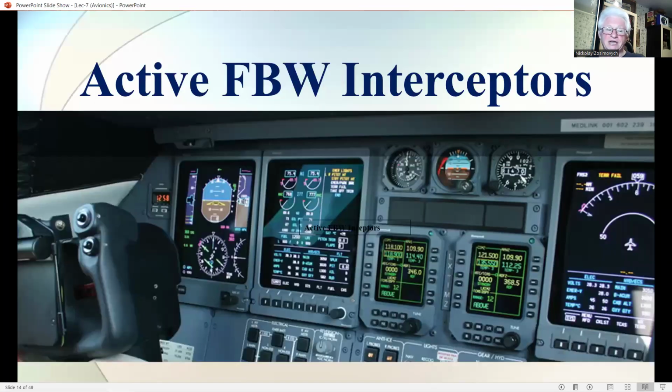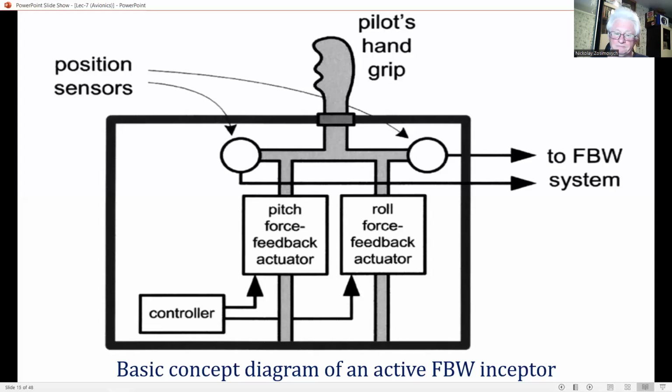Another subtopic to the lecture, active fly-by-wire inceptor. The spring and damper elements of a passive inceptor have been replaced by computer-controlled force feedback actuators on each axis.